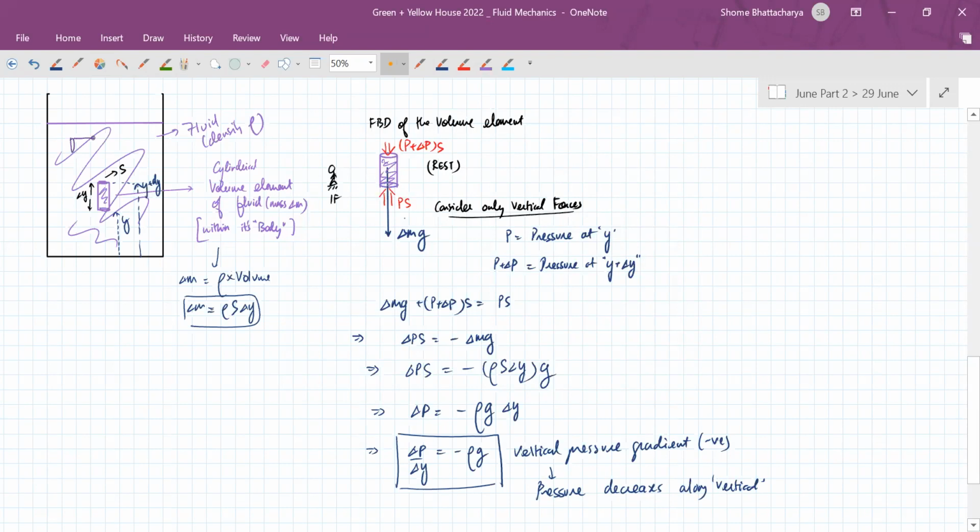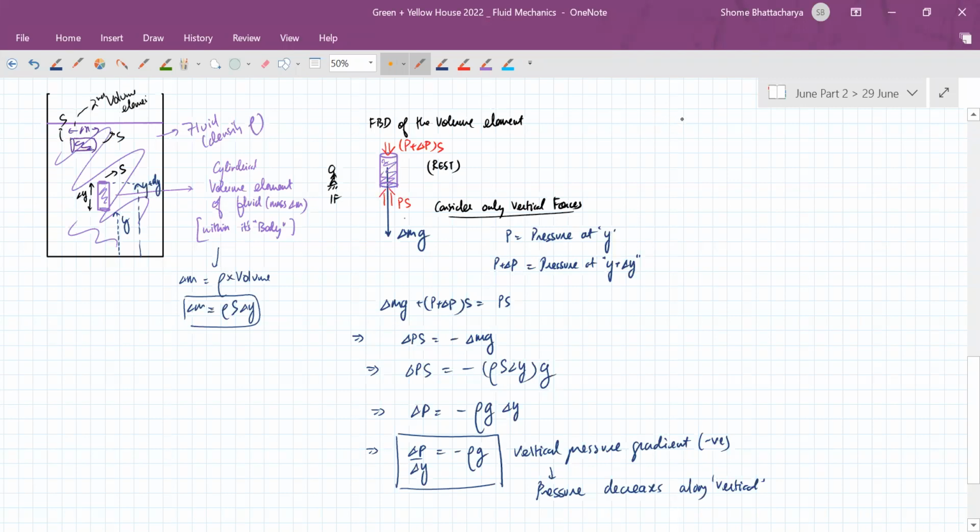oriented element like this. So another volume element now, this time this has a length along the x-axis of dx, and its surface area is S. So now if we consider the second one, this is our second volume element.